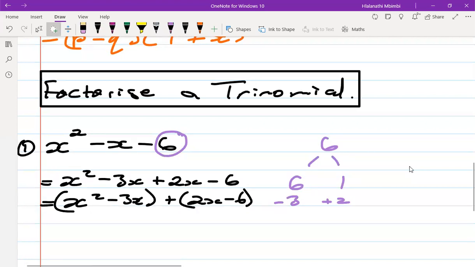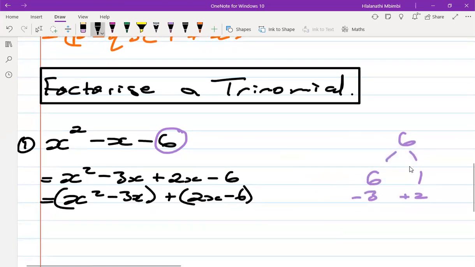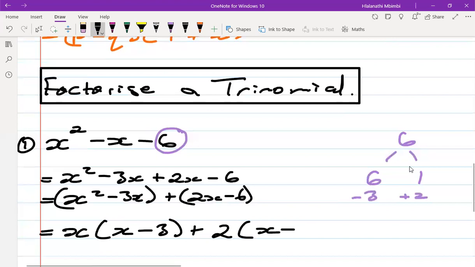What I normally stress about this part, just for your convenience, is to make sure that the signs in the brackets are the same. After you've done that, you can factorize the first bracket and the second one. When you factorize with the common factor, we will have x minus 3 plus, taking out 2 from the second one, you'll be left with x minus 3.